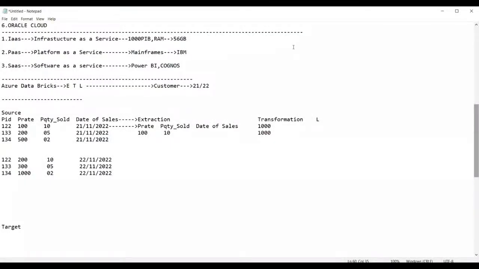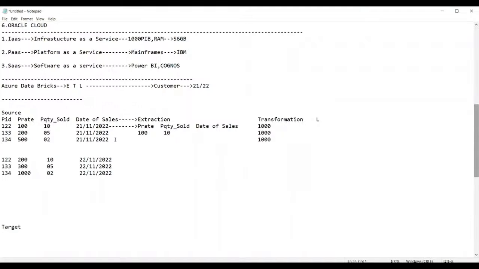Now, guys, see here. We were discussing the calculations. 100 into 10 is 1000. 200 into 5 is 1000. 500 into 2 is 1000. Now calculate the sum here.